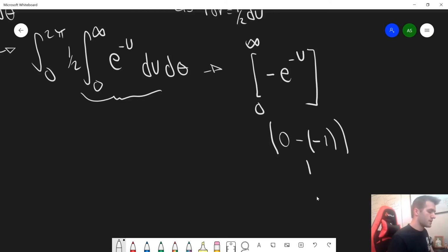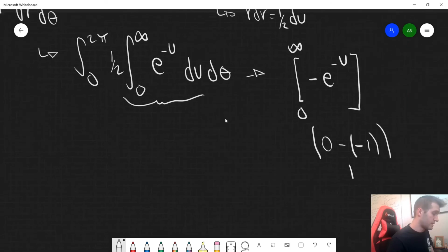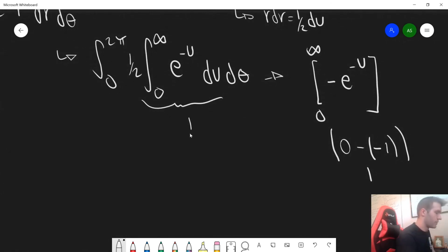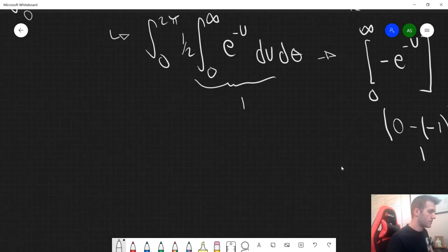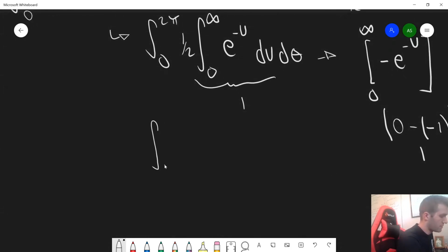Alright, so now, knowing this is just 1, we can basically just integrate over from 0 to 2 pi now, because it's just going to be the same since we're multiplying by 1. So using that, we're going to have our integral from 0 to 2 pi of 1/2.